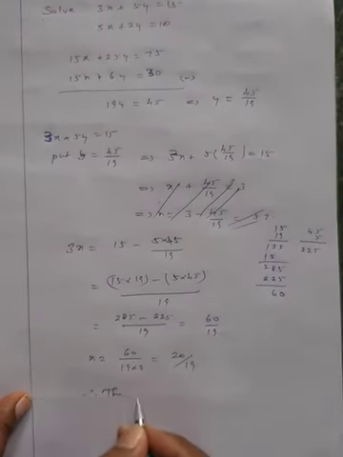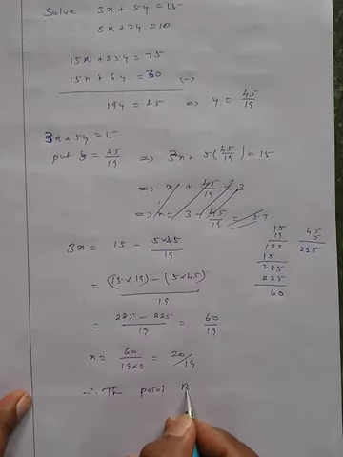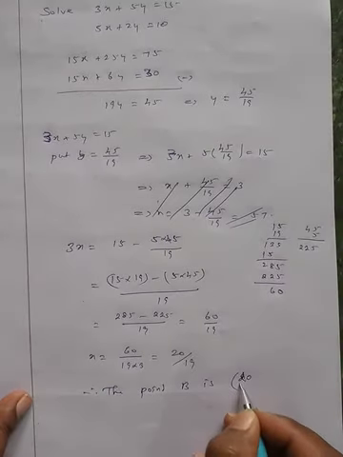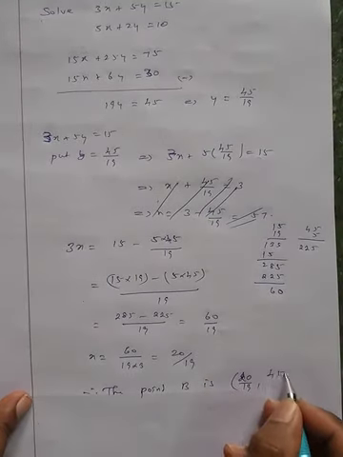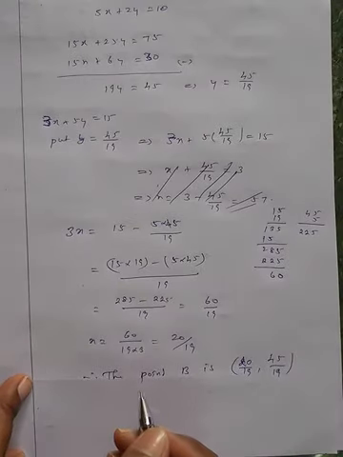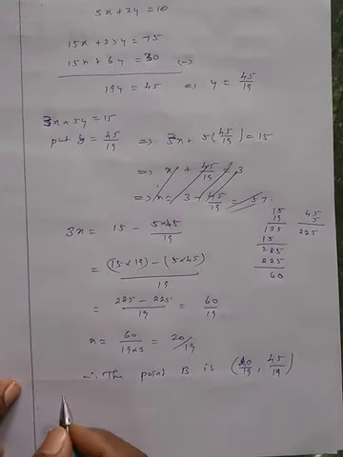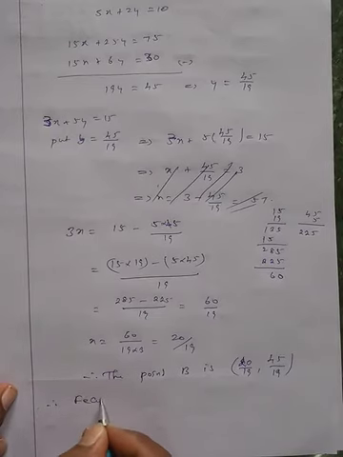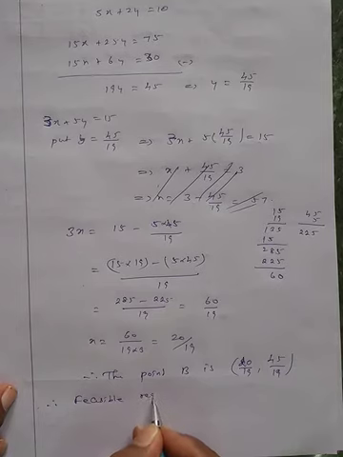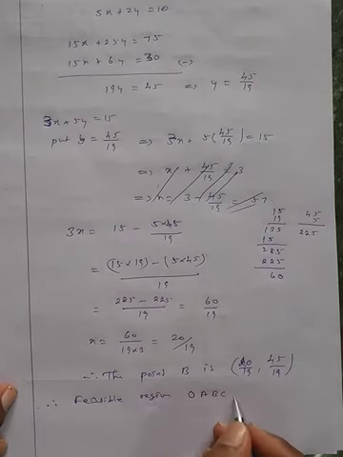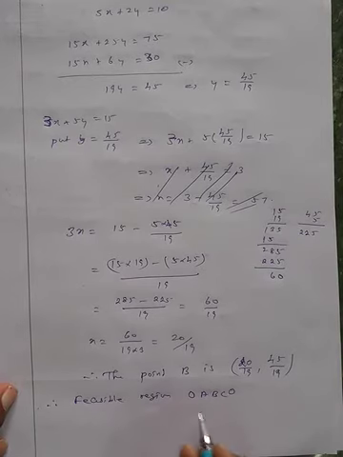Therefore, the point B is 20 by 19 comma 45 by 19. So the corner point we also found. Now the feasible region is O, A, B, C. This is a closed convex polygon.